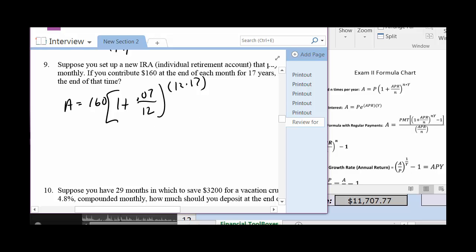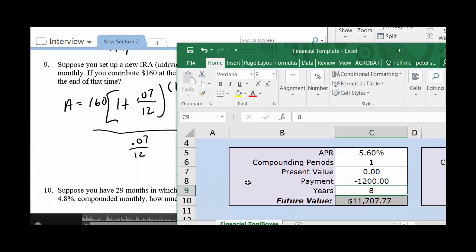Let's see, so I'm going to close out minus 1 divided by 0.07 divided by 12. Okay. All right, so you're welcome to type that in a calculator.